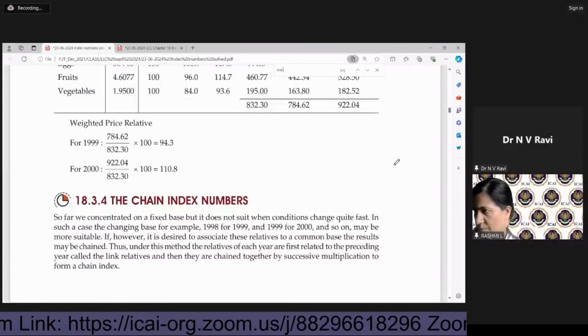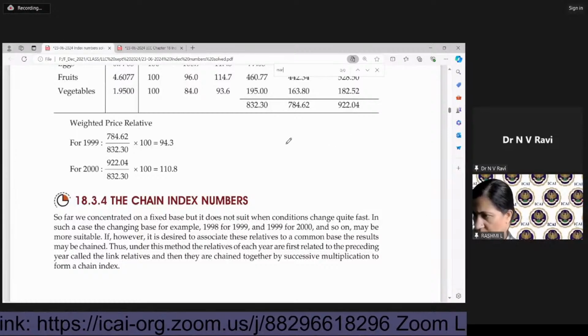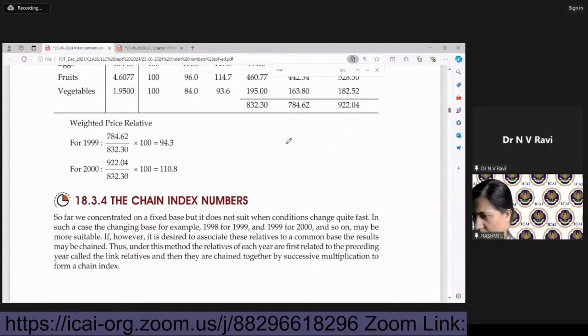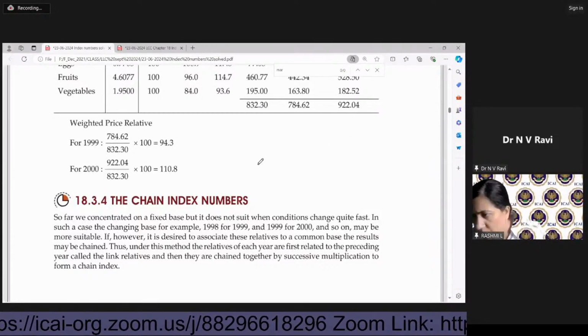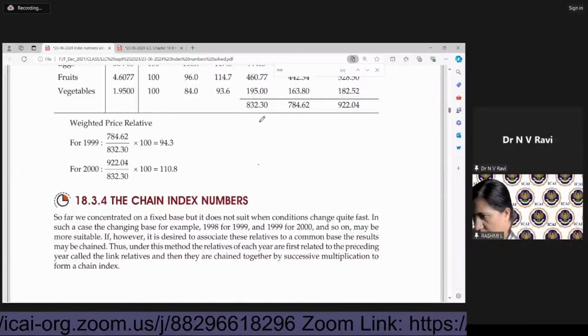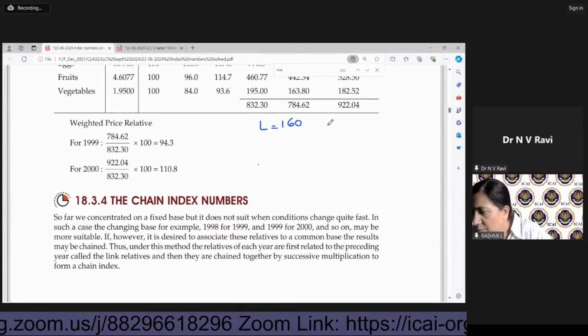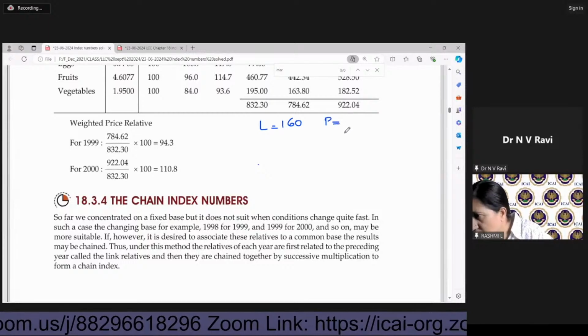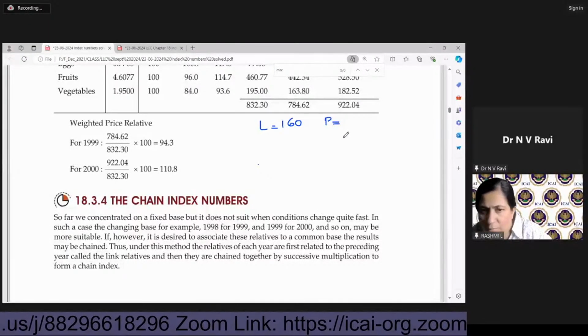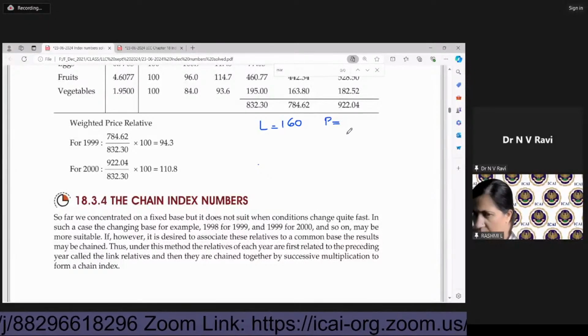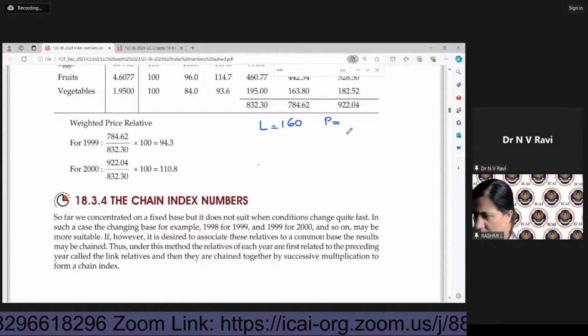Madam, now note down. L is 160. Then P value? How much, sir? P you have to find out from this.